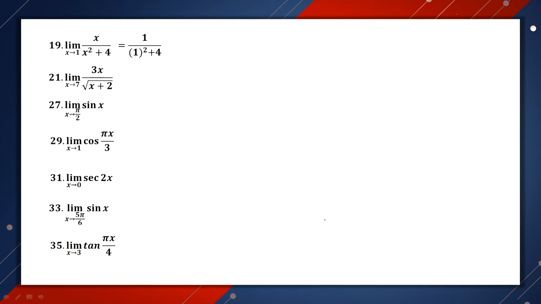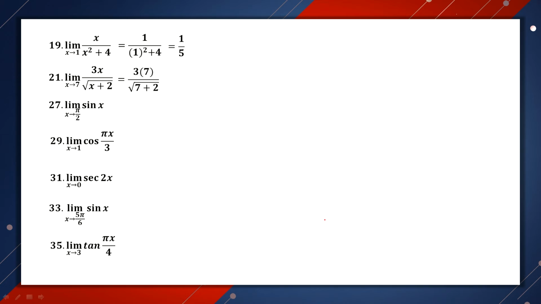And the first question is the limit as x goes to 1 of x over x squared plus 4. Let's talk about the first question. We substitute 1 for x in the formula, and we get 1 over 1 squared plus 4, which is 1 over 5.